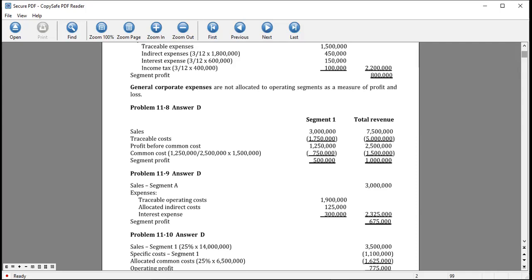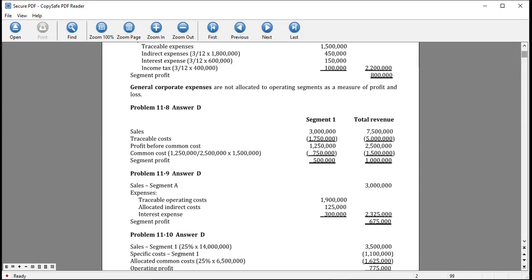We divide it by 2.5 million multiplied by 1.5 million. So the amount of profit for segment 1 in number 8 is 500,000.